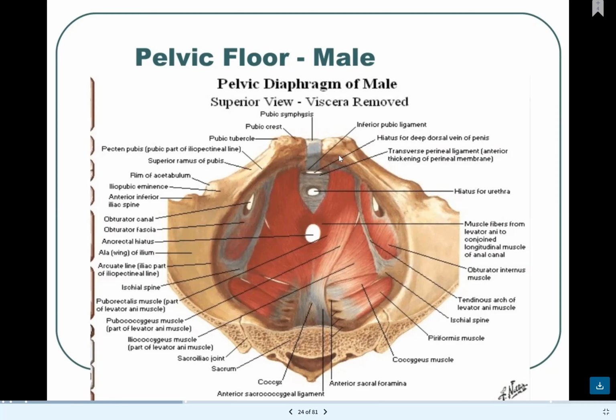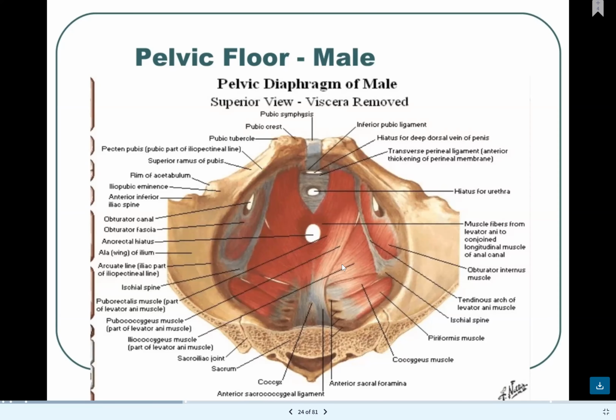So this will be the hiatus for the deep dorsal vein. And one beautiful thing you have to also know is that the anorectal hiatus is far away from the hiatus of the urethra. So when this is presented to you, you can know that this is the male pelvis instead of the female pelvis.